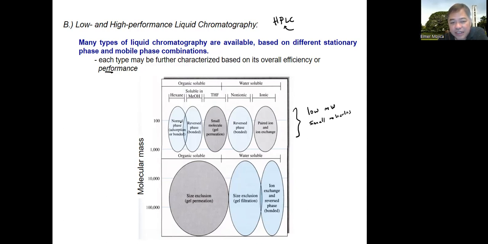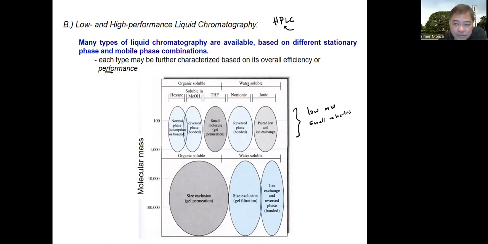This normal phase is based on the adsorption or bonded interaction. Now, as the polarity increases, you can have the so-called reverse phase. We're going to talk about this. And as we go to the aprotic solvent, you can have gel formation using small molecules.